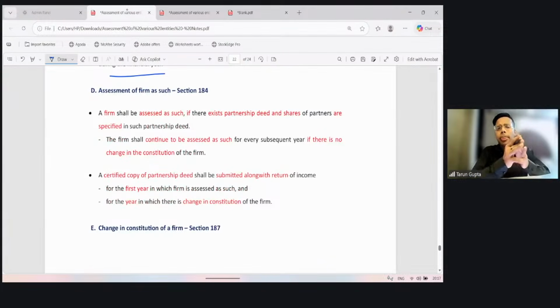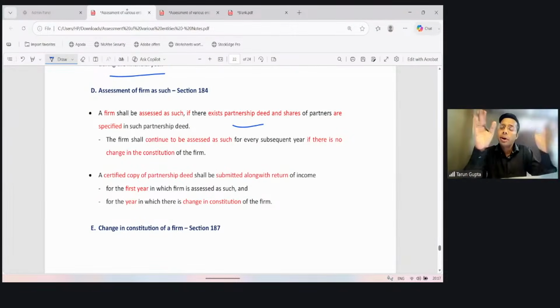Now, an important part. This we have already studied in PGBP. Now, assessment of a firm. So a firm is assessed as such. As such means the firm is assessed as a firm when there is a partnership deed or any other document which confirms and certifies that there is a partnership, and the share of partners in the profit is determined.